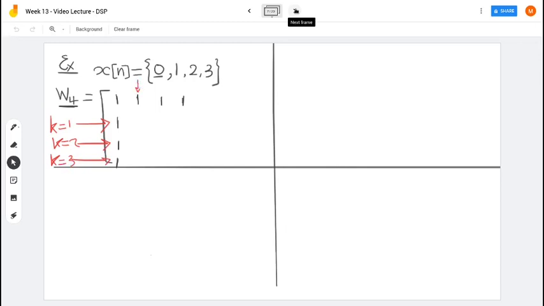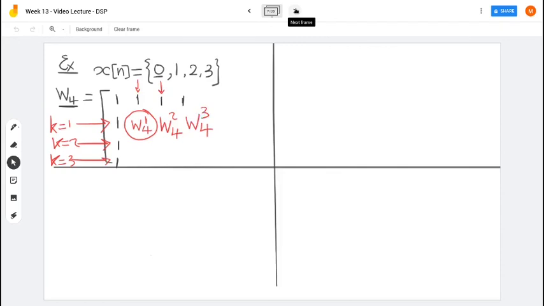So the first entry over here will be W4 to the power 1. The element next to it will be W4 to the power 2, where k is 1 but here n is 2. And the next one will be W4 to the power 3.